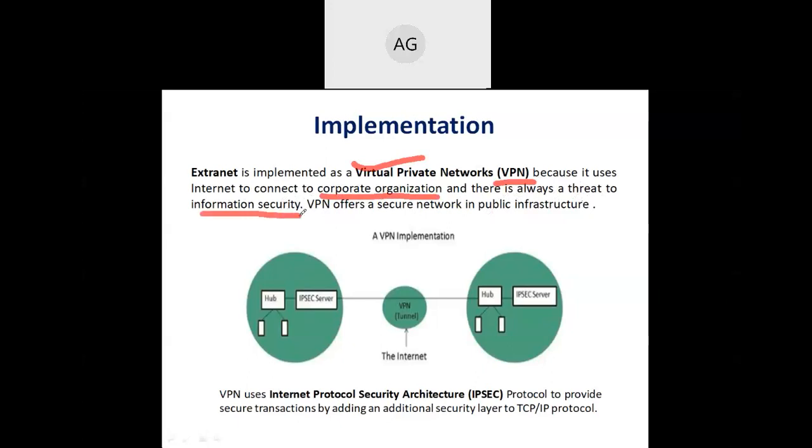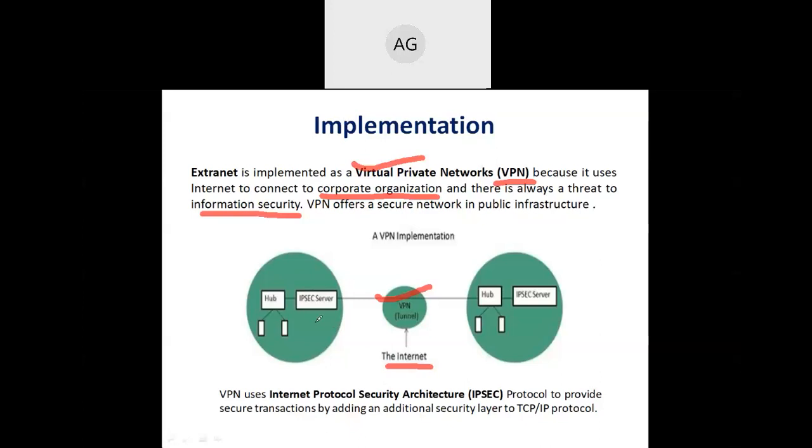Basically, the extranet is implemented with a virtual private network, and it is used by big organizations or companies in order to enhance their security feature. As you can see in the diagram, a VPN tunnel behaves as the internet, and this tunnel connects the two networks.